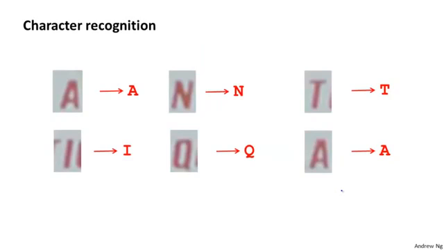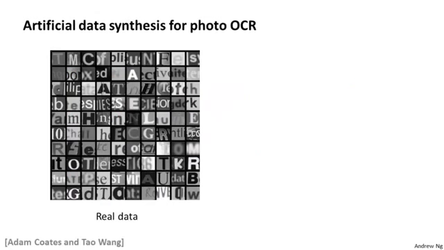To talk about the artificial data synthesis idea, let's use the character recognition portion of the photo OCR pipeline, where we want to take as input an image and recognize what character it is. If we go out and collect a large labeled dataset, here's what the dataset would look like. For this particular example, I've chosen a square aspect ratio, so we're taking square image patches, and the goal is to take an image patch and recognize the character in the middle of that image patch.